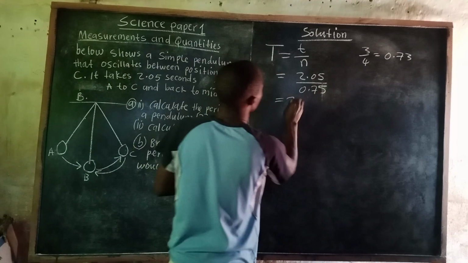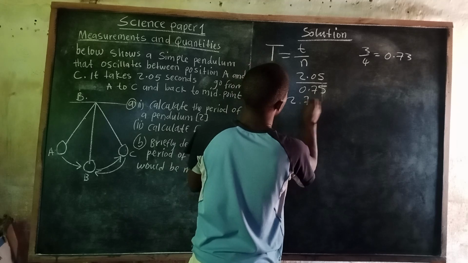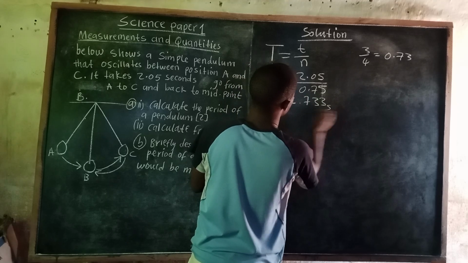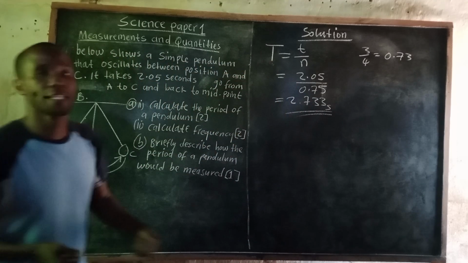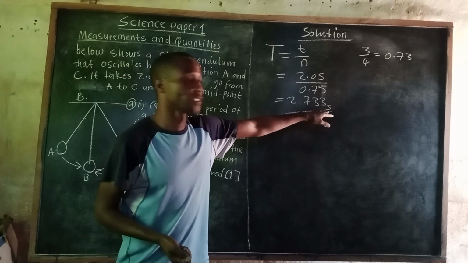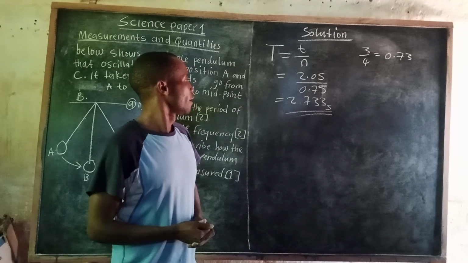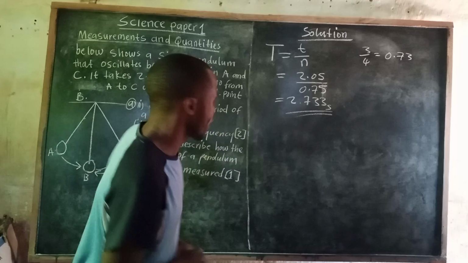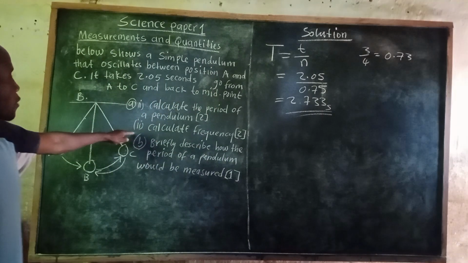The answer will be 2.733 seconds. Remember, period is the time taken, so the unit is seconds. From there, we go to the next one.